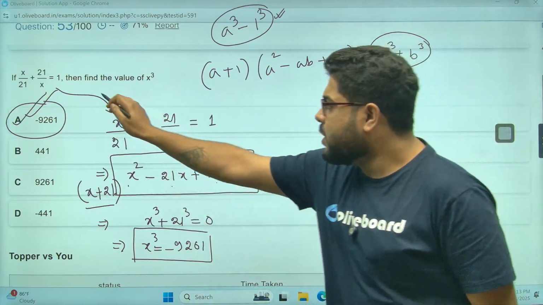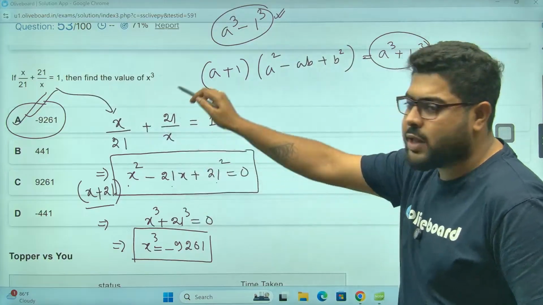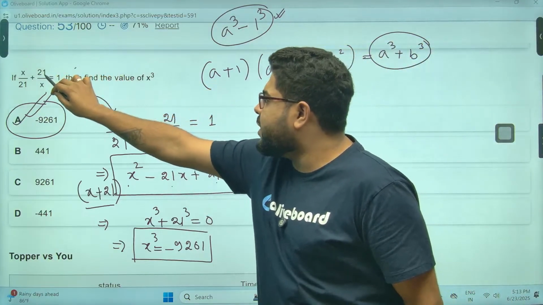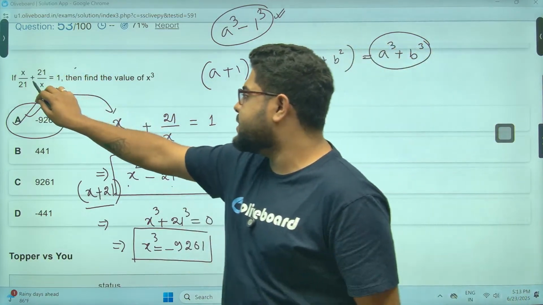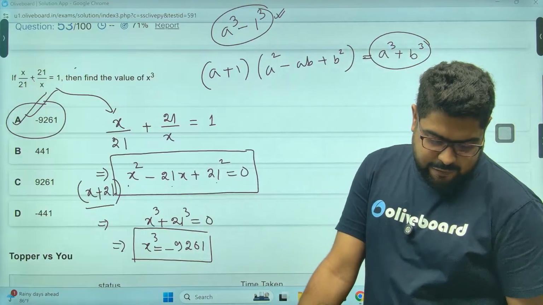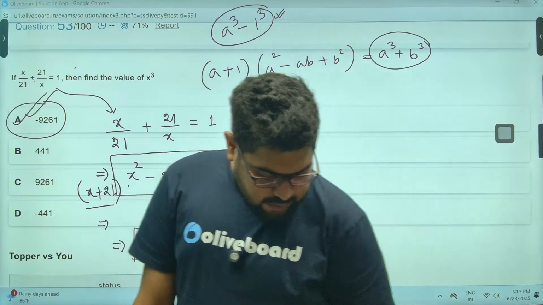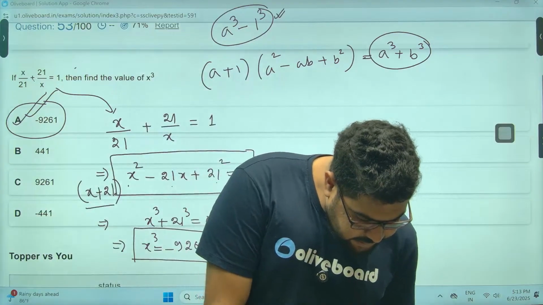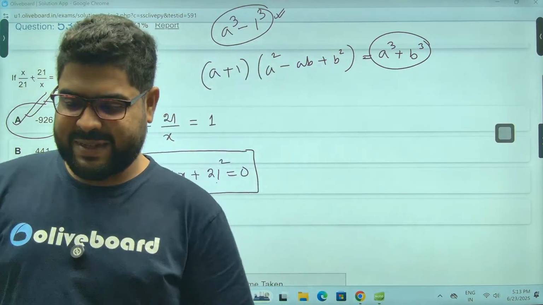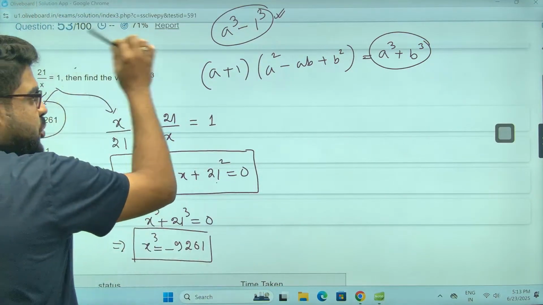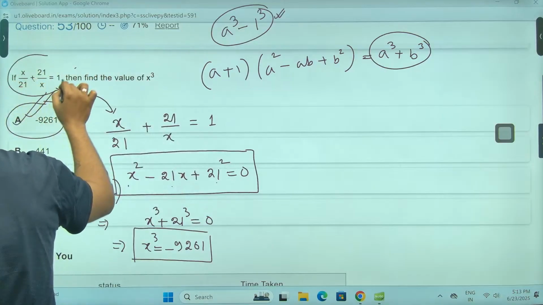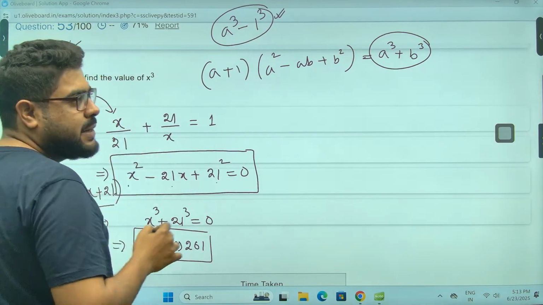I don't want you guys to do all this. X cube will be 21 cube with a minus because this is plus here. Perfect, sir. Works. Raghu, the same thing. If you have prepared properly, this is a very common format.